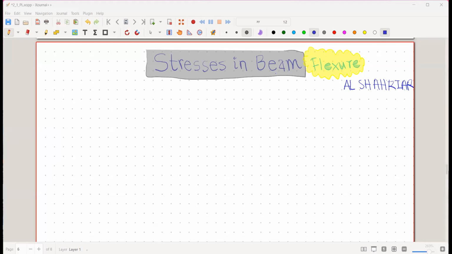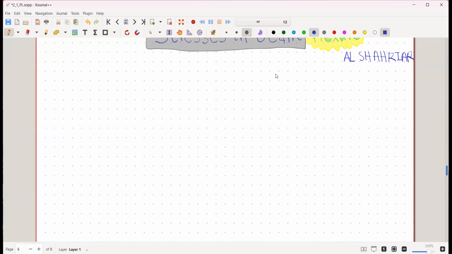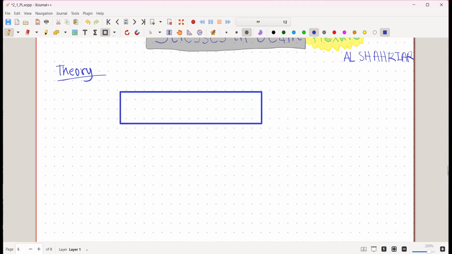So today we are going to discuss the stresses in beams, also known as the flexure stress, and let us do the theory part first. Let us take a beam and beyond the neutral axis.